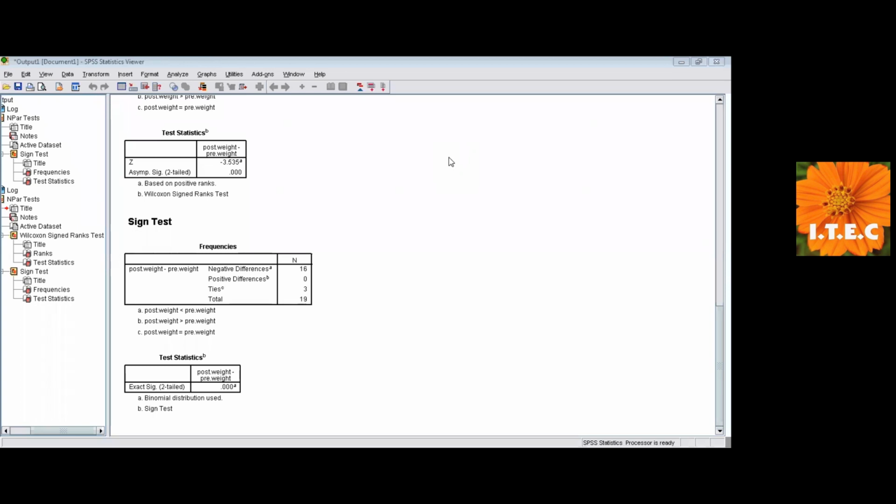You can note down the values for the negative difference and positive difference. If you want to write positive first, you can write. If you want to write negative first, you can write.